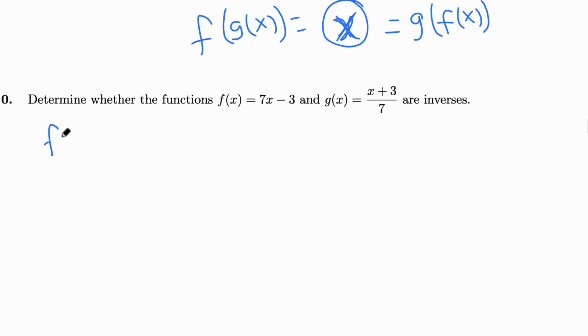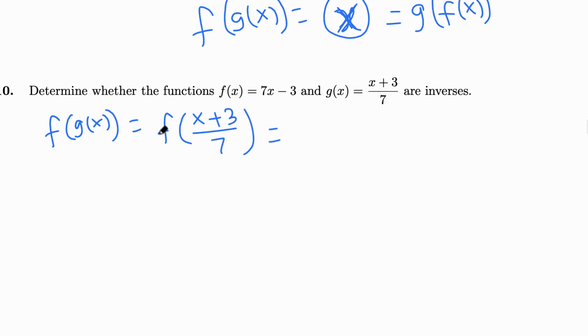So f of g of x, so plug g into f. So g is given as x plus 3 over 7. Now this is f of input, and look here, f of input is 7 times input minus 3.